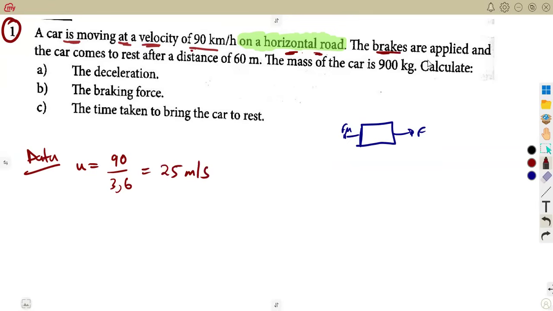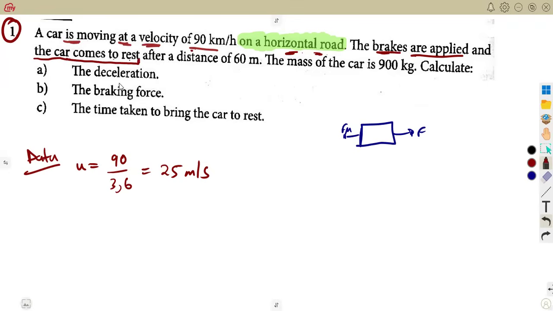The brakes are applied. You are driving, guys, you're driving a car. You apply the brakes. What is going to happen? The speed will reduce, isn't it? The speed will reduce, so when the brakes are being applied, it reduces until the car comes to rest.